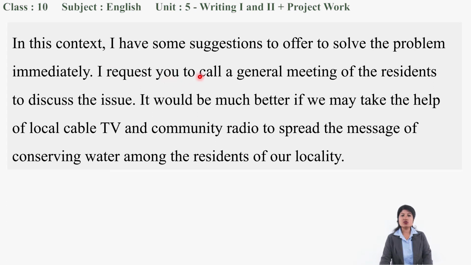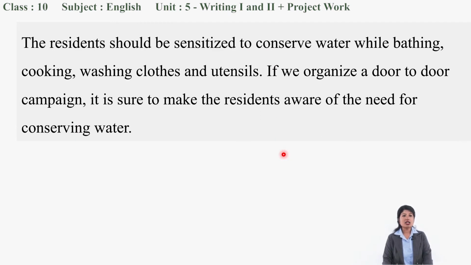I request you to call a general meeting of the residents to discuss the issue. It would be much better if we may take the help of the local cable TV and community radio to spread the message of conserving water among the residents of our locality. So these are the suggestions of the writer towards conservation of water.